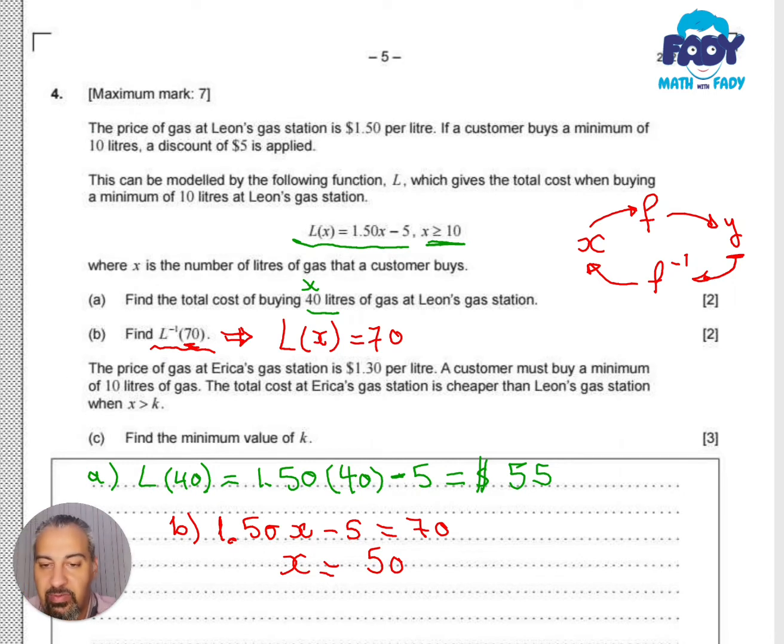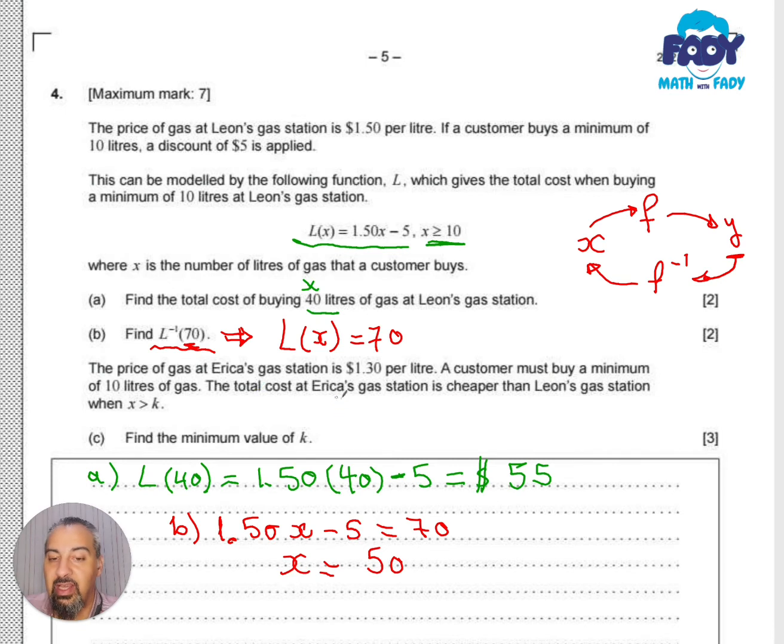Now the price of gas at Erica's gas station, here is another gas station, is $1.30 per liter. A customer must buy a minimum of 10 liters of gas.